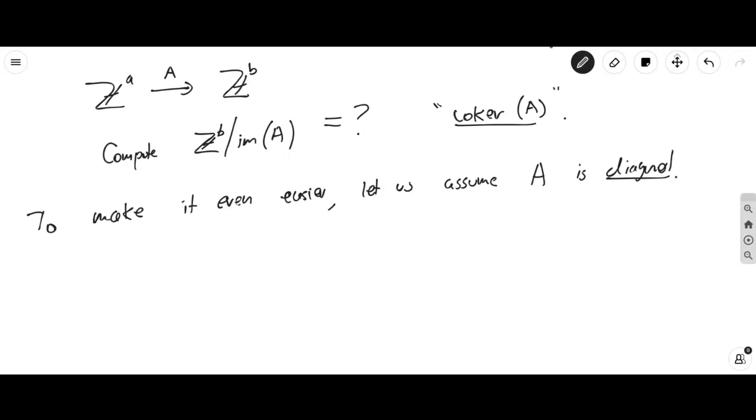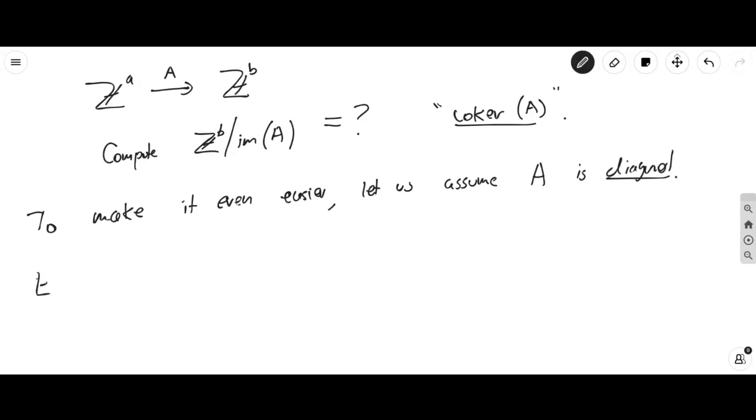This is very common, by the way, in linear algebra: if you want to understand how something works, it's often a good idea to just assume that your matrix is in diagonal form. Try to solve the problem in diagonal form, and then see how you would solve it more generally. Often what happens is that if the matrix is not in diagonal form, you can put it into diagonal form. That's what we call choosing a basis in linear algebra. So for the moment, we're assuming that A is in diagonal form.